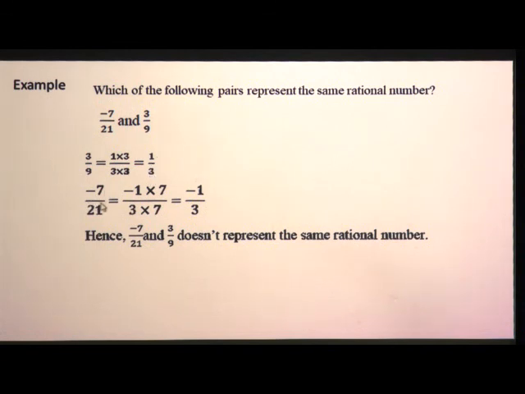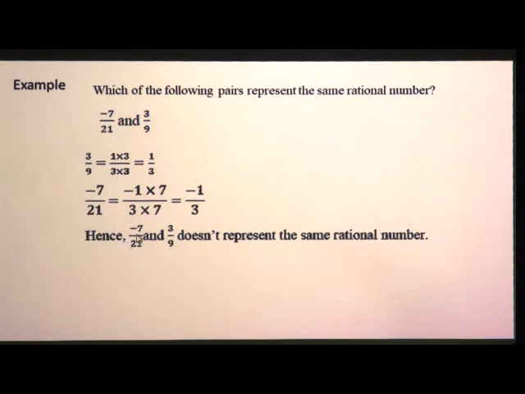Here minus 7 upon 21 is minus 1 multiplied by 7 and 3 multiplied by 7. So, 7 gets cancelled and it will be minus 1 upon 3. What did we do? Yes, you are right, we just reduced the rational numbers to their lowest form.